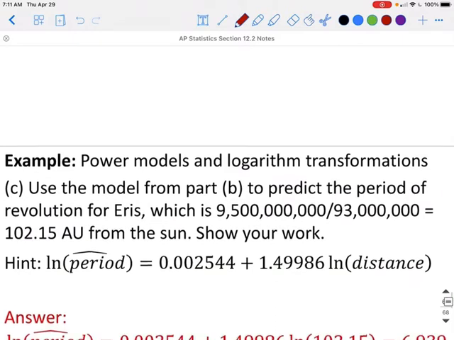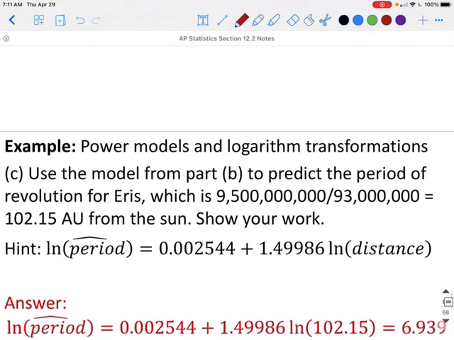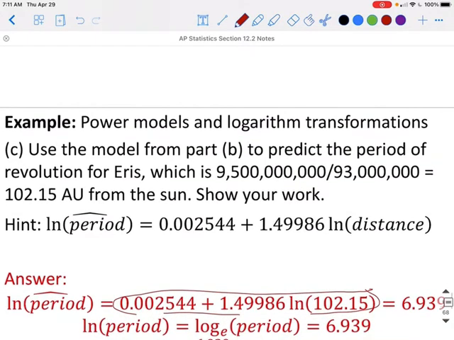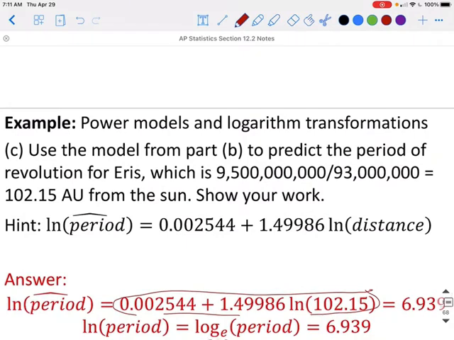When we do that, so we're going to plug that in, and if we put this into your calculator, you're going to get 6.939. So we know that the natural log of the period is equal to 6.939. If you remember when you went over logs in Algebra 2, the natural log is the same thing as log base e.